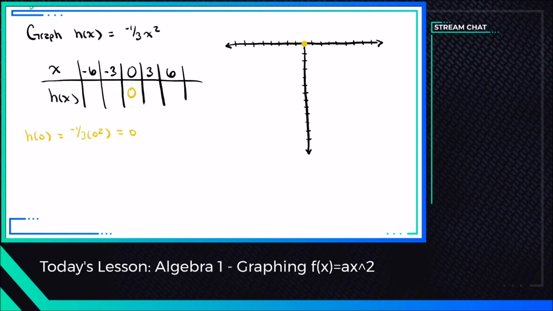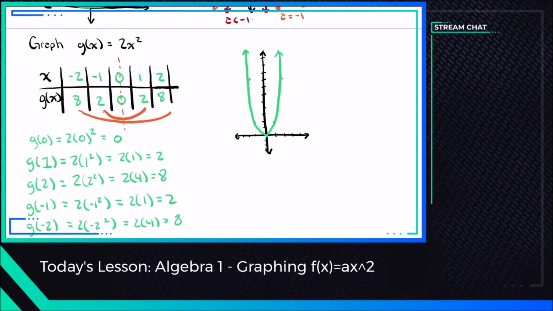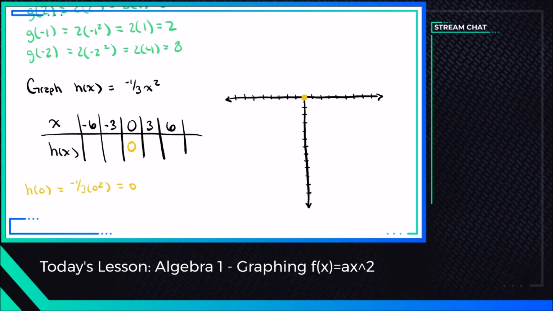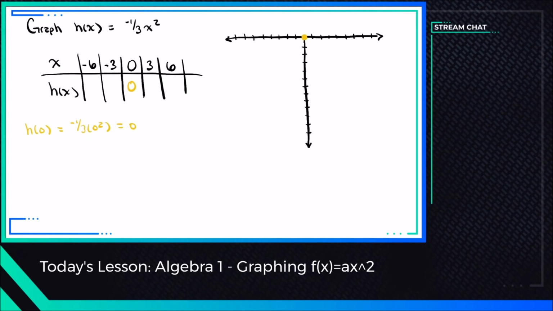And then I'm just going to do the right-hand side, because from our first example, we see that the right and the left side are mirrored. I'm not a big fan of negative numbers, so we're just going to focus on that right-hand side and then copy the leftovers. So let's do h of 3 is equal to -1/3 times 3 squared. 3 squared is 9, so that's going to be -1/3 times 9, or -3.